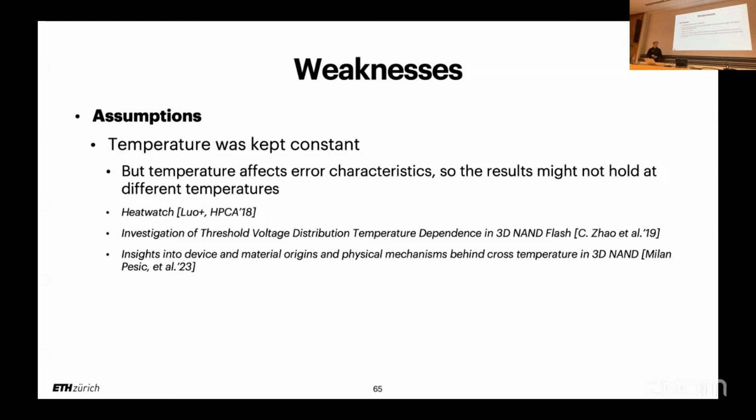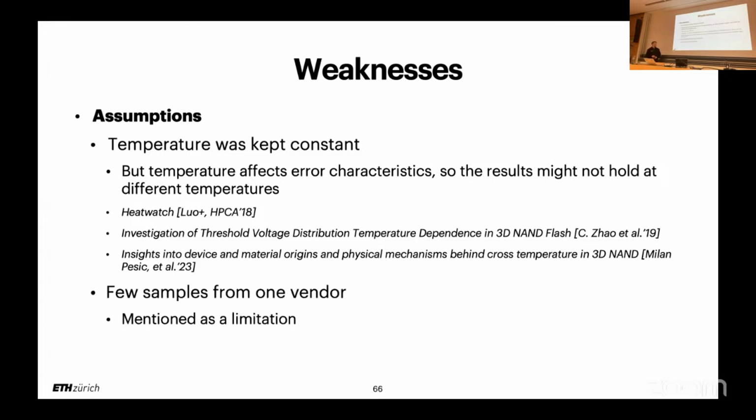It seems they didn't look at temperature. What I found interesting is that the same authors published HeatWatch in 2018, before this paper, and it characterizes the effects of temperature on 3D NAND quite thoroughly. So I thought it funny that they write this whole paper after that, and don't mention any of it in this paper that I'm presenting.